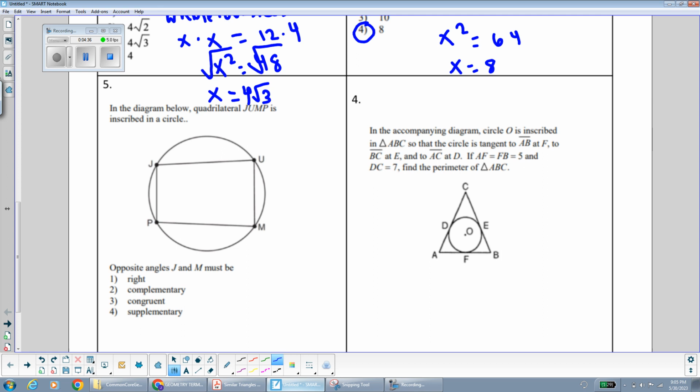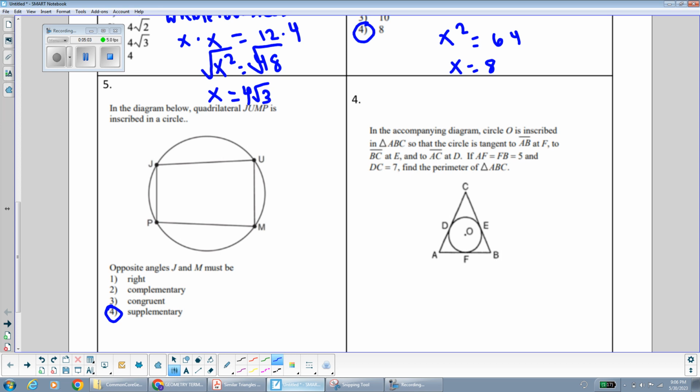Moving along, here we have a quadrilateral inside the circle, a cyclic quadrilateral. And we know from the Edpuzzle video that you guys watched a couple of classes ago that whenever we have a cyclic quadrilateral, one of its properties is that the opposite angles are supplementary. Don't confuse that with a parallelogram, rectangle, rhombus, square.